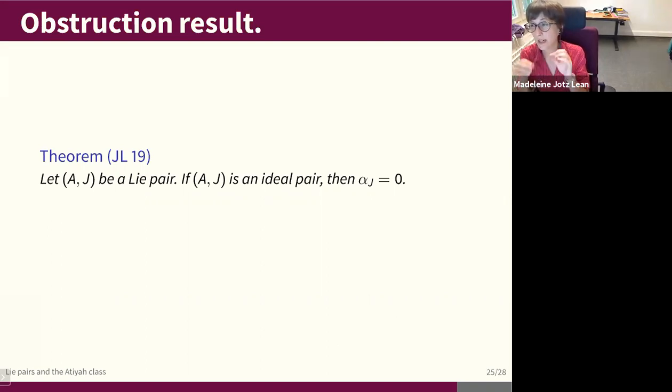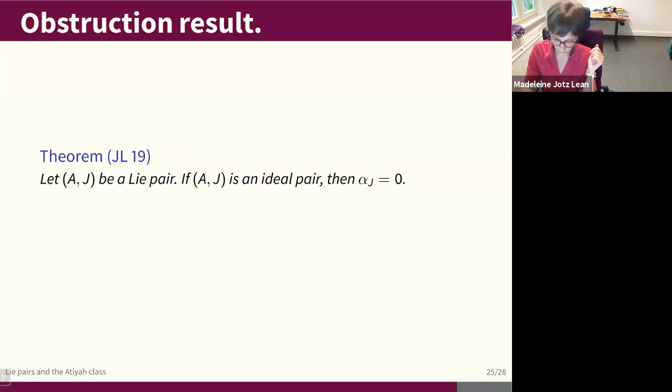It's really about ideals in the sense of Higgins and Mackenzie, because if it would be infinitesimal ideals in general, so if the Atiyah class of a Lie pair would vanish as soon as you have an infinitesimal ideal with fiber J, then all Atiyah classes of foliations would have to vanish. All Molino's Atiyah classes, and that's not true, right? Because subalgebroids of tangent bundles all carry a canonical infinitesimal ideal structure.